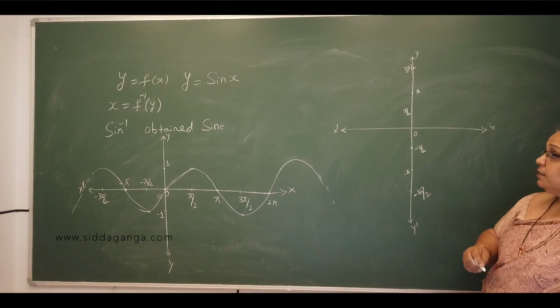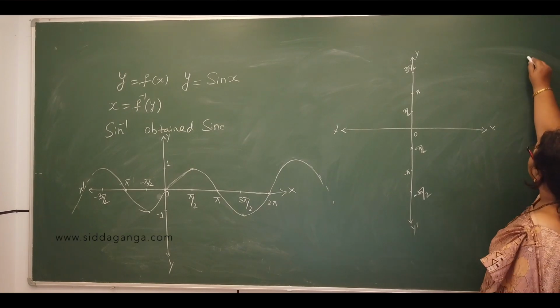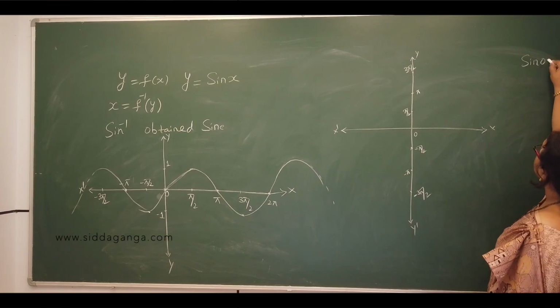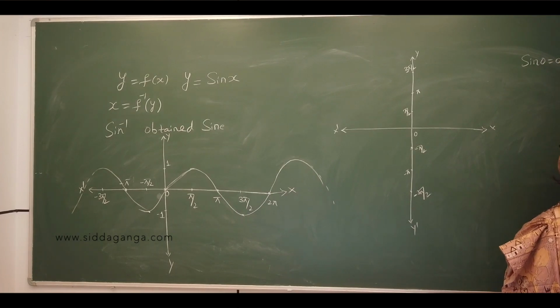So here we know that sin 0 equal to 0 implies sine inverse of 0 equal to 0.